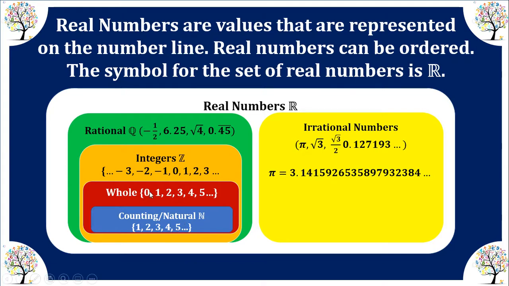Then we included 0 with the counting numbers to create the whole number set. Then we included the whole numbers plus their opposites to create the integer set. And then we have our rational set, which are all of these numbers, but they also include our fractions and our decimals. We're going to take a look at what a rational number is and what an irrational number is.